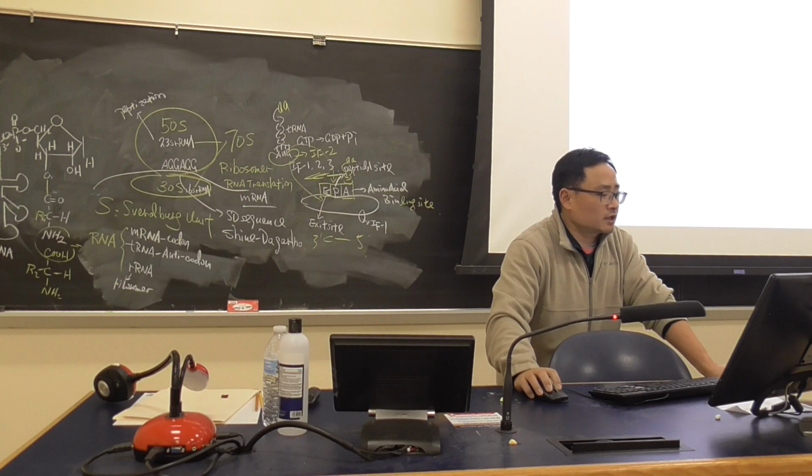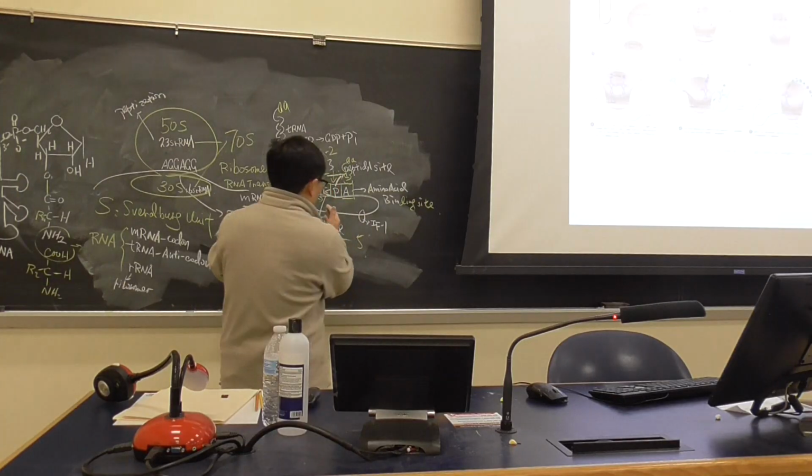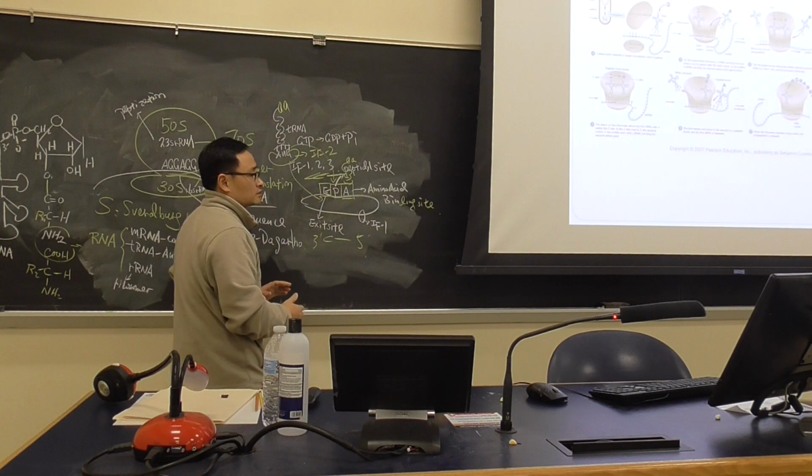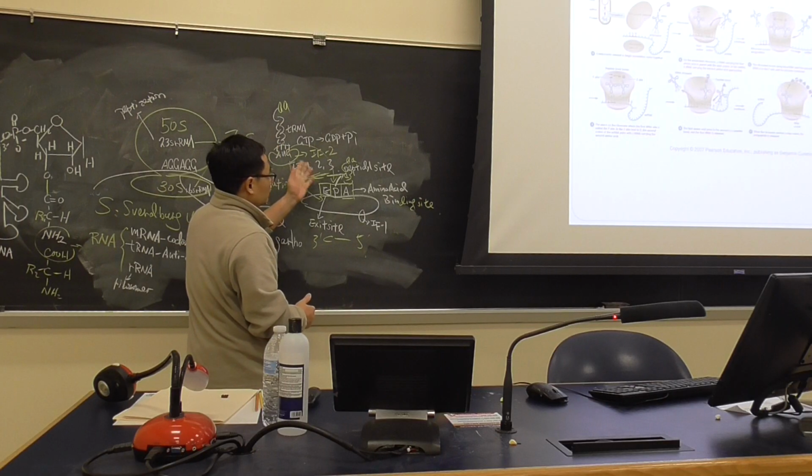Okay, once the second one comes, this is going to be inserted here. And then this one will move to the E site and then be released. So once they move in this direction, go to the E site, it's an exit site. Then the tRNA will be released.